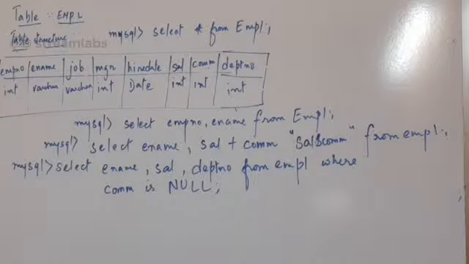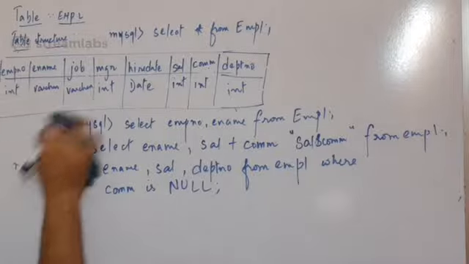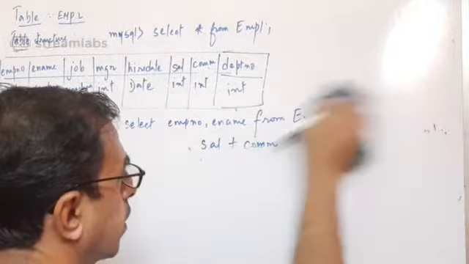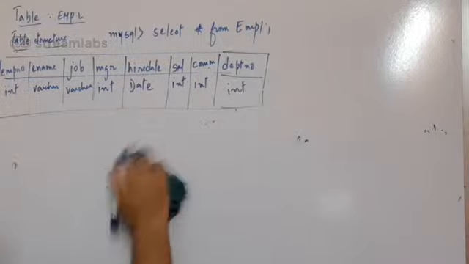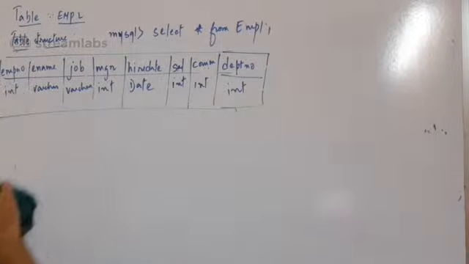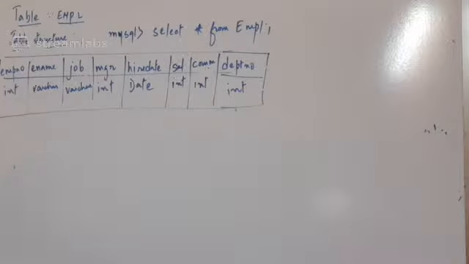Now the next thing will be: write a query to display employee number, name, salary and salary into 12 as annual salary, whose commission is not null from table EMPL.